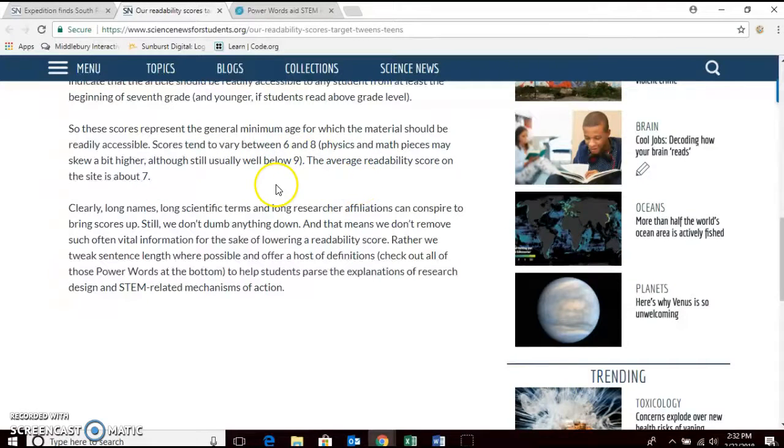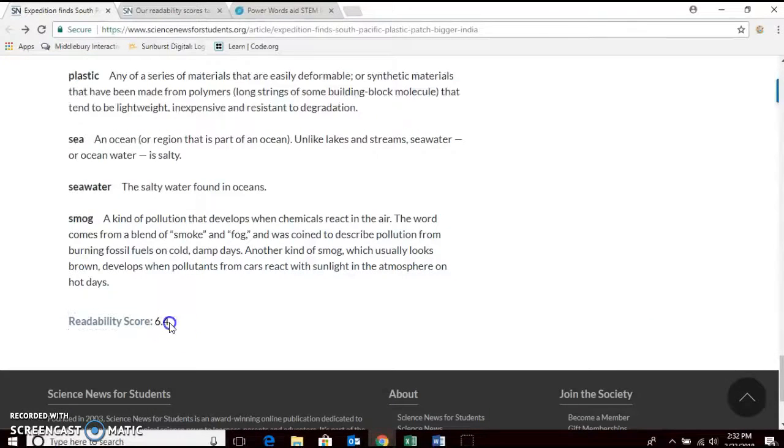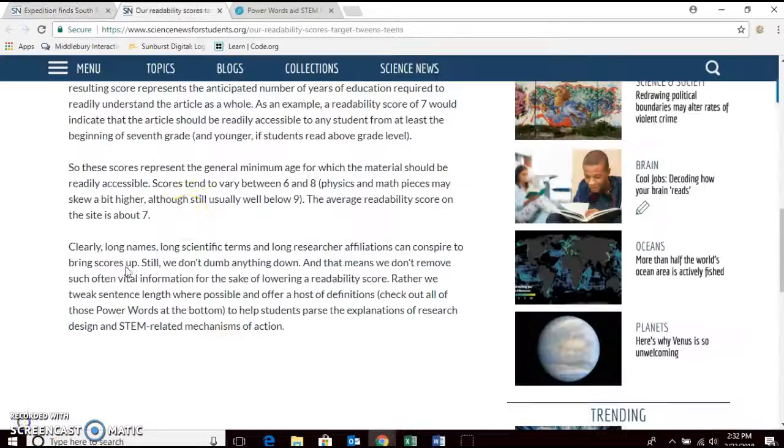And it says these scores represent the general minimum age for which the material should be accessible. So this one is 6.4, which means that students beginning in the 6th grade or about halfway through 6th grade should have access to this. So it's perfect for my 7th grade class.